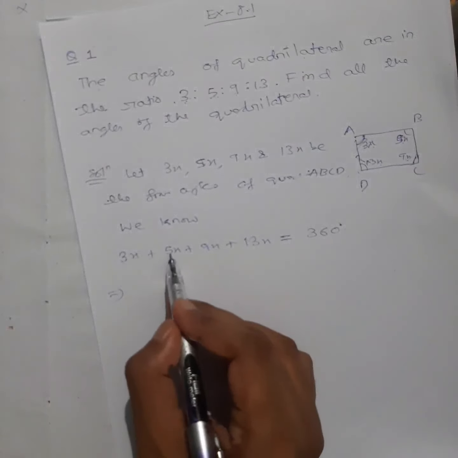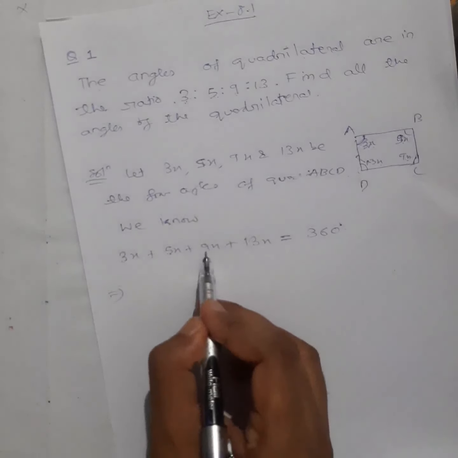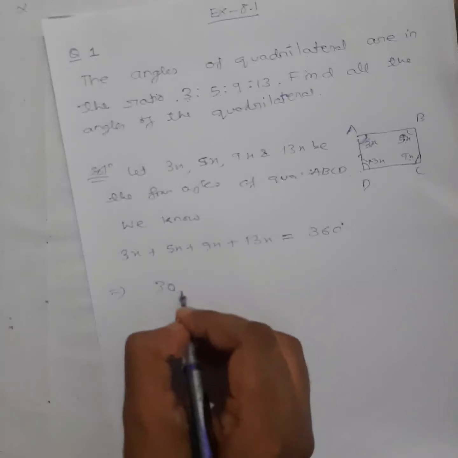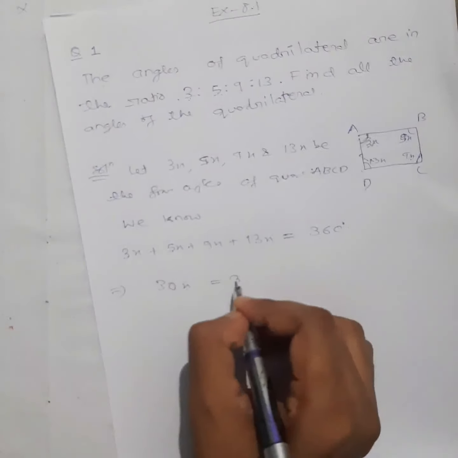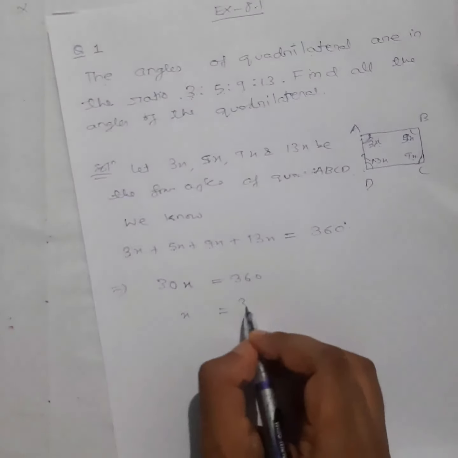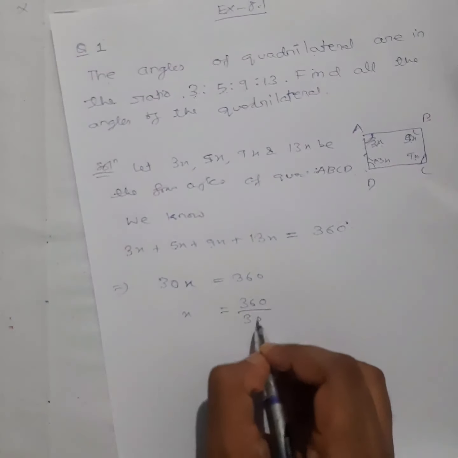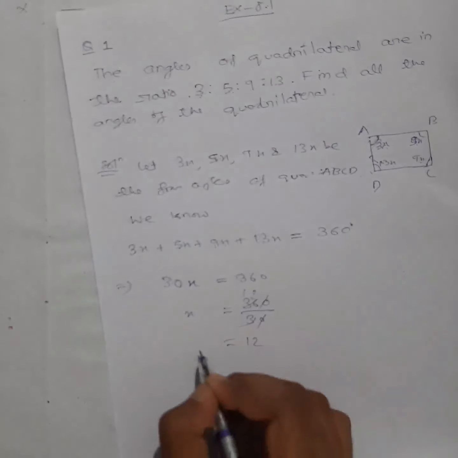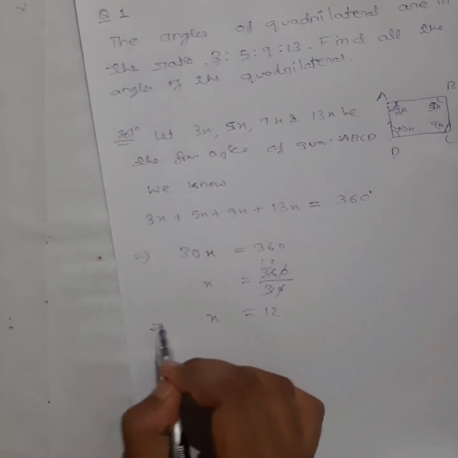3 plus 5 is 8, 8 plus 9 is 17, plus 13 is 30. So 30x equals 360. I have to find x, so let's leave x alone here. 30, the zeros cancel, 3 times 12 is 36, so x is 12. So we got x.